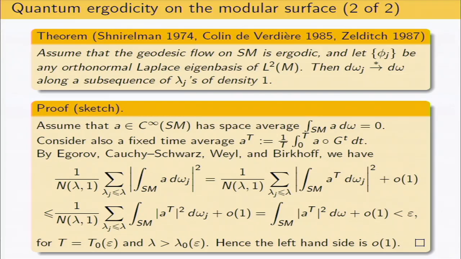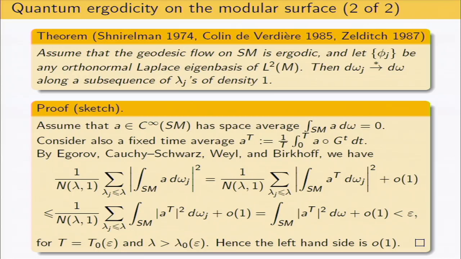And then we simply apply Cauchy-Schwarz. And at this point we can apply the Weyl law for this sum and get that these integrals in Cesàro mean tend to the space average of the time average symbol.